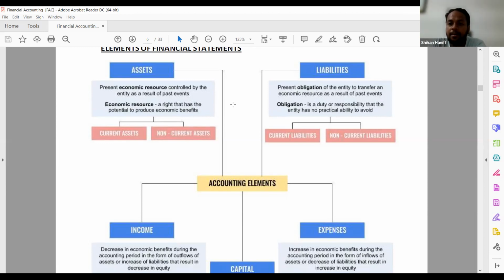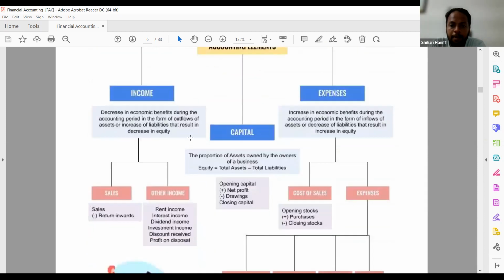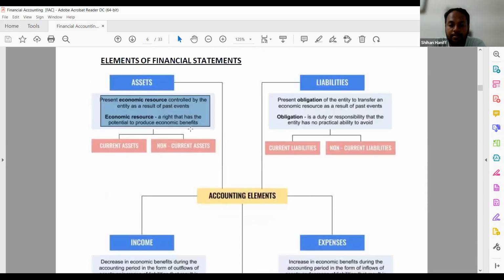It's a responsibility that the entity has no practical ability to avoid. You can't avoid an obligation; you have to settle that. Liability is divided into current and non-current. Most of the past paper questions on elements ask about assets and liabilities. So the definition of asset and definition of liability are very important. Remember the three characteristics.